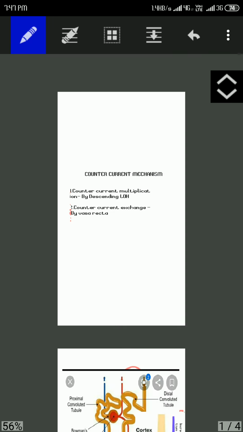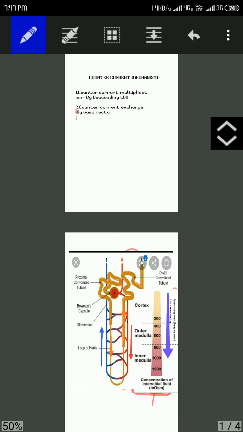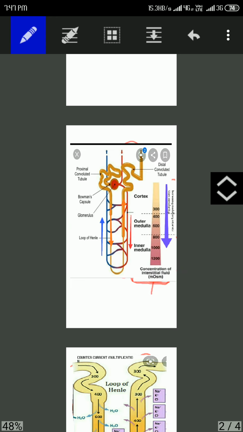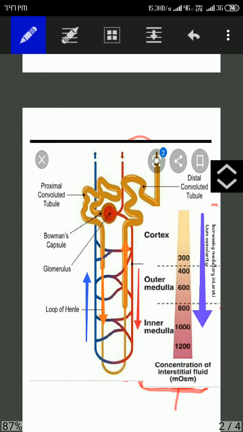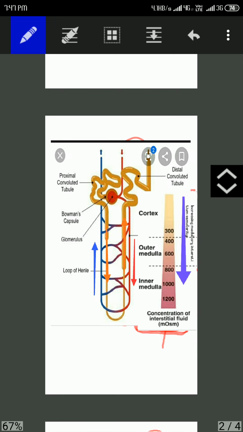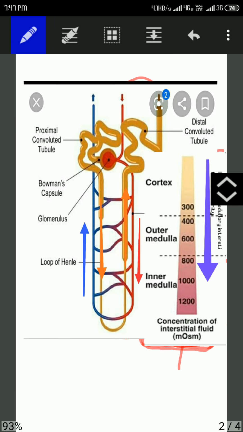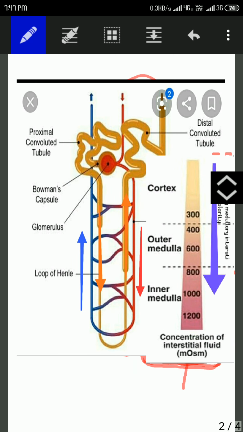Before going into the counter current mechanism, we will understand some basic concepts in the kidney with the help of this diagram. In this part of the diagram, we know the kidney has an outer cortex and an inner medulla, which is further divided into outer medulla and inner medulla.